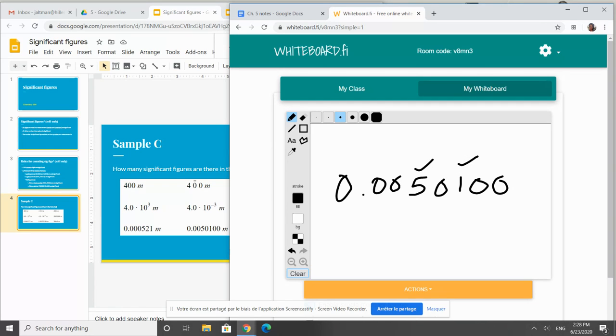Now I have to worry about the zeros. The first 3 zeros are not significant because these are leading zeros. This one between the 5 and the 1 is significant because it is captive. And then the ones after it are trailing after a decimal, so those are significant. So I've got 5 significant figures.